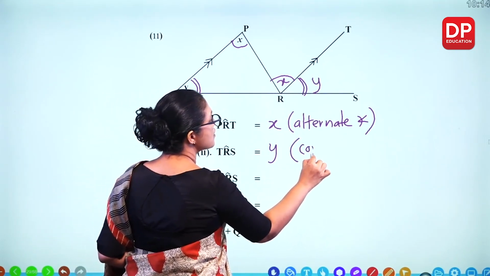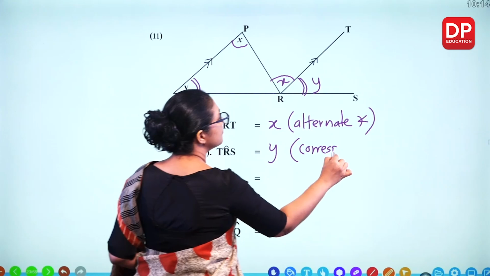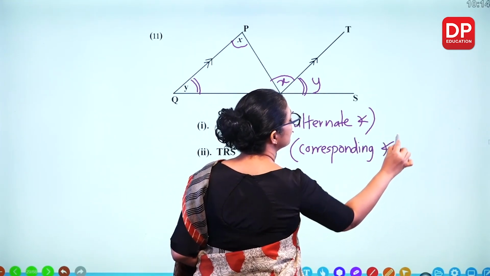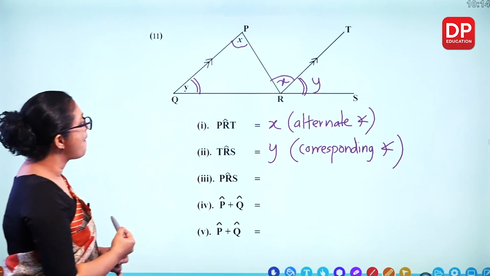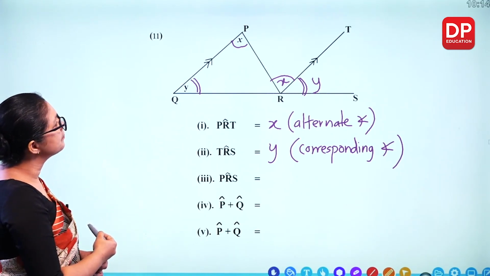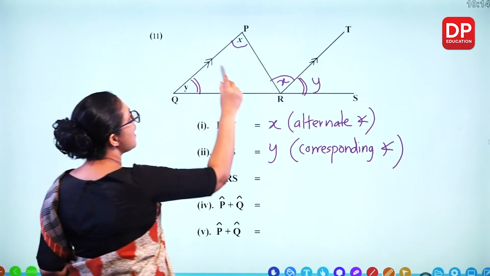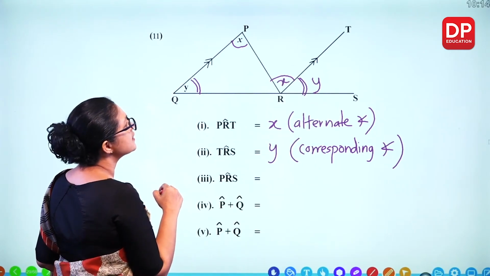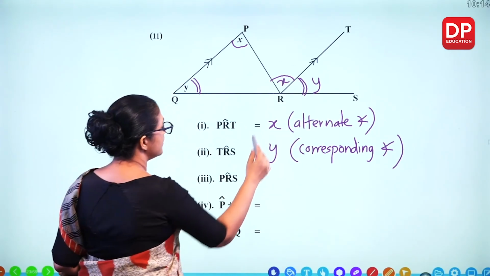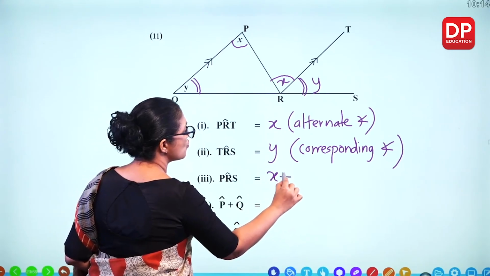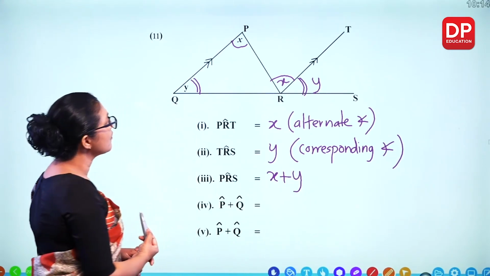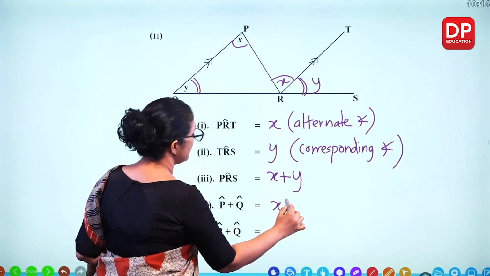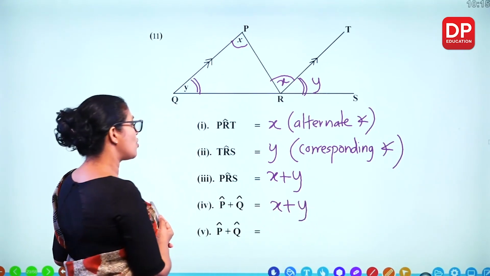Y, corresponding angles. PRS. So PRS is this angle. So the sum of these two, x plus y. What are P and Q separately? P is x, Q is y. So that's also x plus y.